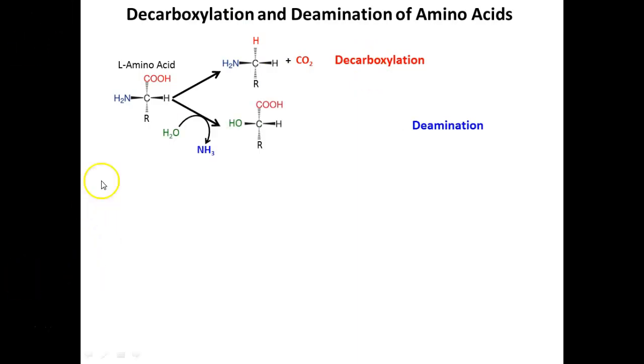And that's because they're breaking down the amino acids, right? So an amino acid has a carboxyl group and an amino group. If you remove the carboxyl group in the form of carbon dioxide, you're decarboxylating it. If you remove the amino group, right, and form ammonia in solution, then you're deaminating, right? And that's what these organisms that are turning pink are doing.